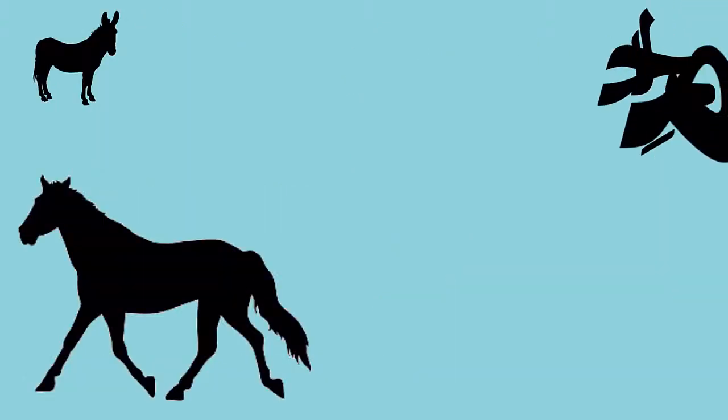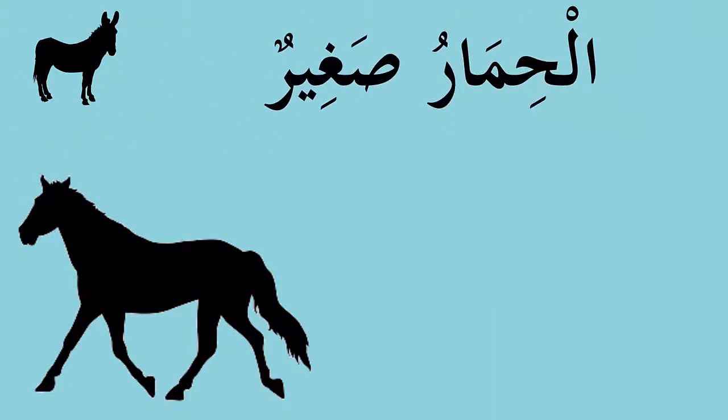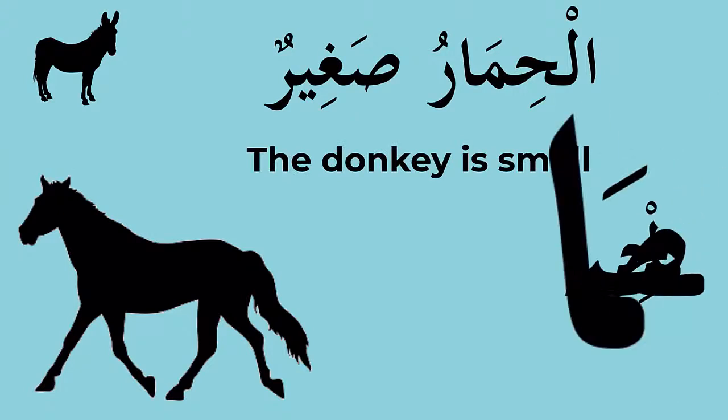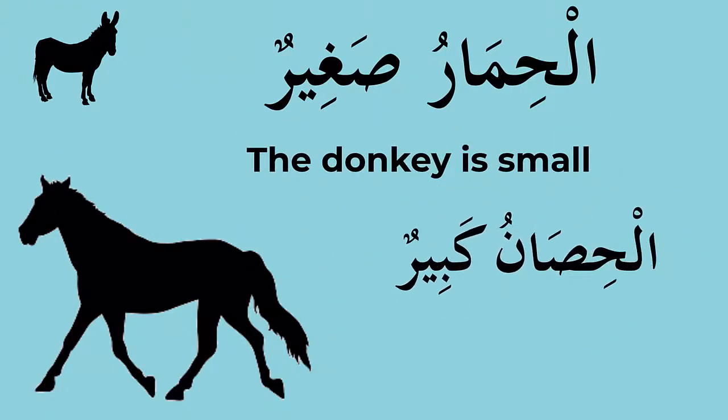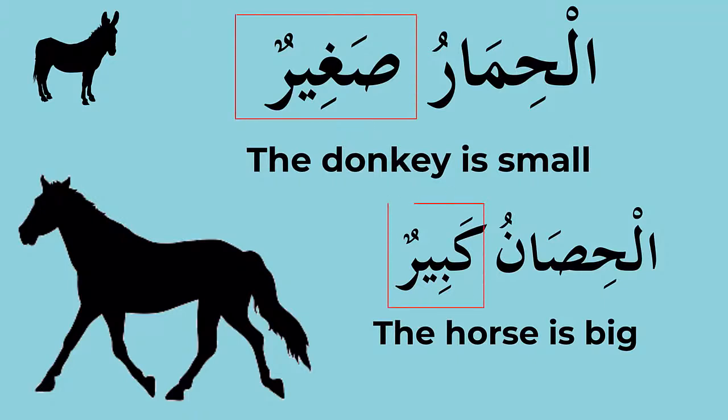Next one, al himaru saghirun. The donkey is small. Wal hisanu kabirun, and the horse is big. Do you see the khabar is indefinite all the time? Brother, tell me, isn't it easy? I hope you will find it easy, because we will be repeating these things, inshallah.